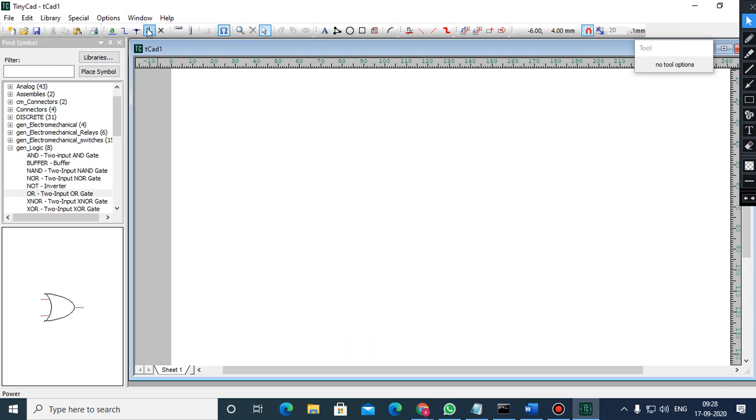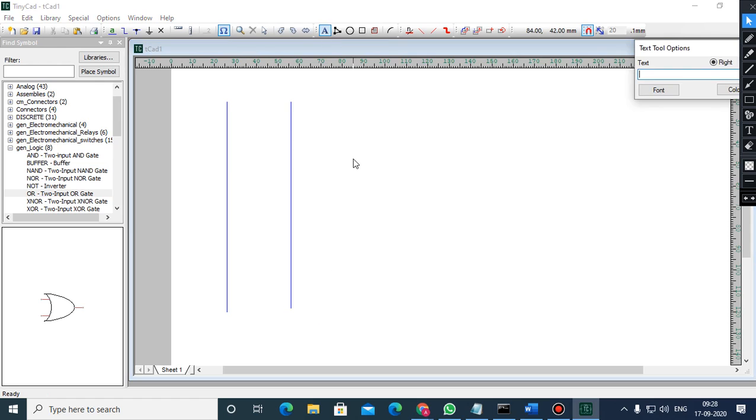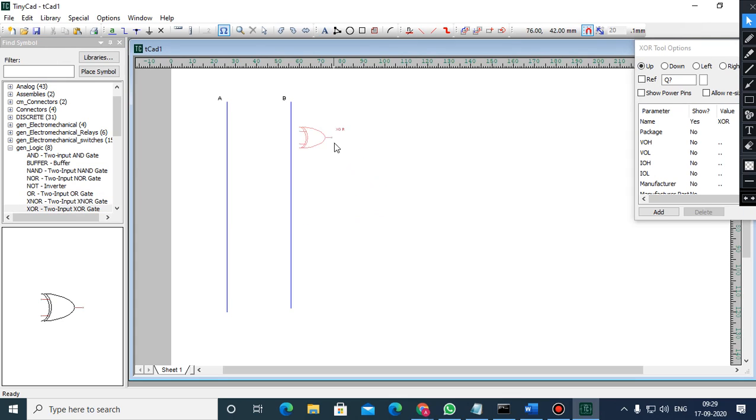Okay. So first of all, I need to design full adder, so half adder. So this is the very first line, and this is the second line. And actually here, this first line is A, representing this A, and this second line is representing this B. In order to represent the sum, we have one XOR, which is this one, and in order to represent the carry, we have this AND gate.